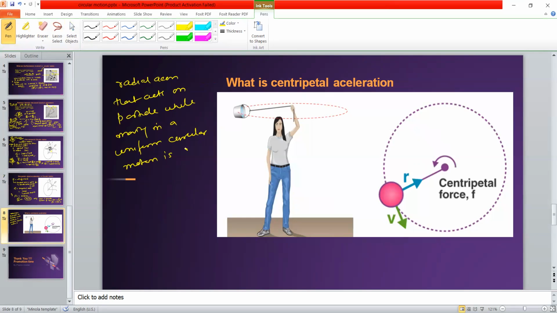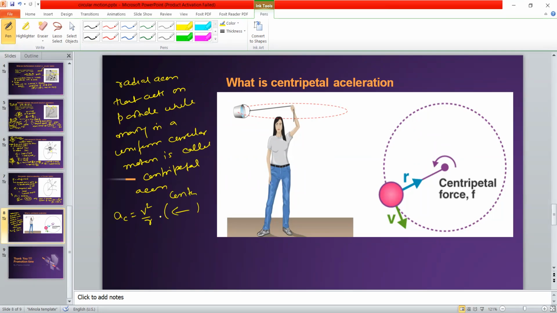Centripetal acceleration magnitude is v square by r, and the direction is towards the center.